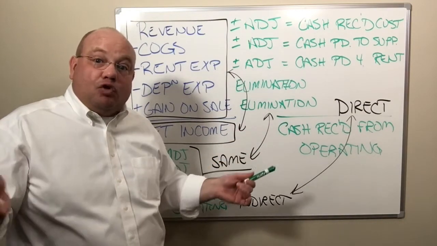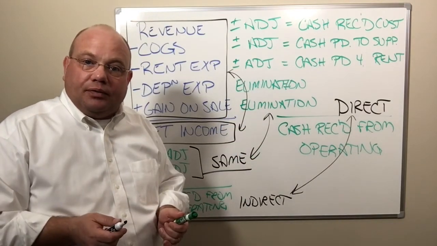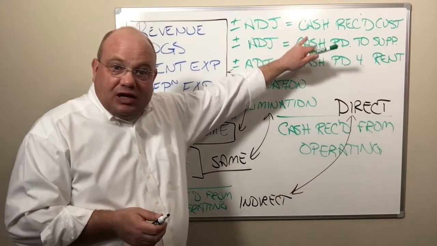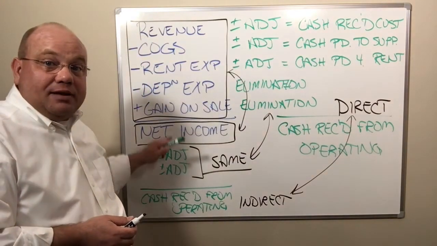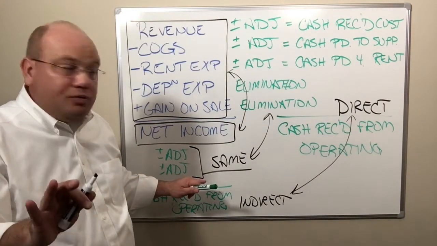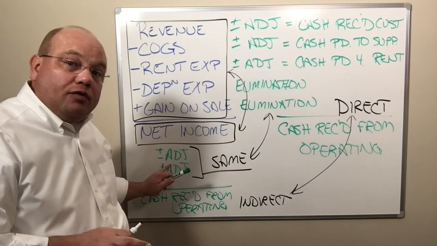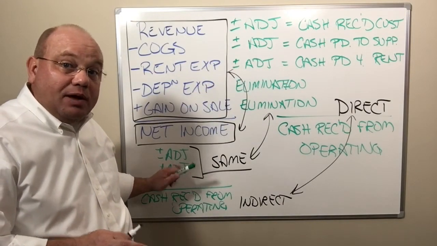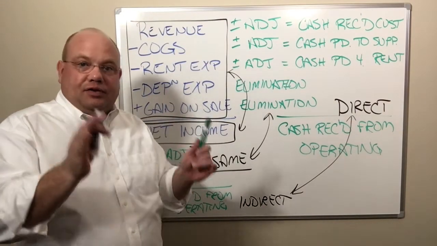Let's hope it's that instead of nobody paid you during the year and you just have all of these uncollectible receivables. But the direct method presentation looks like an income statement. The indirect method looks like a bunch of adjustments to net income. But the adjustments under both methods, whether they are individual lines under the direct method or all those adjustments to net income under the indirect method, those adjustments are the same.